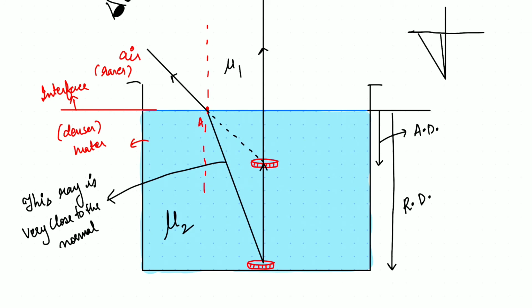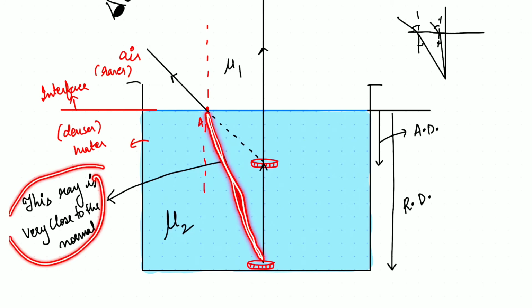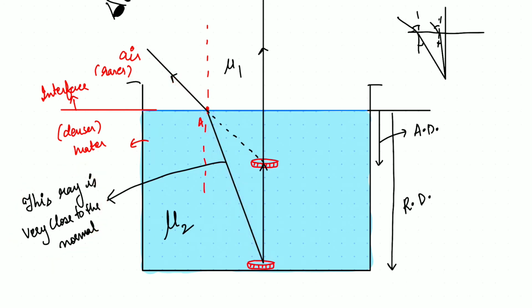If your ray is very close to your normal, the angle that is made will be very, very small. If they are very far away, the angles will be big. That is the reason. So in order to assume that the angles of incidence and refraction are small, the ray reaching your eye should be close to your normal.